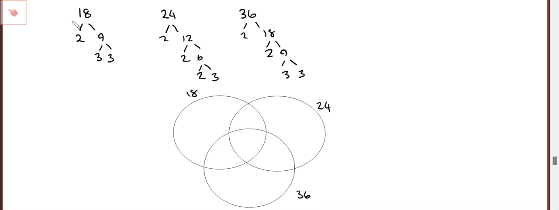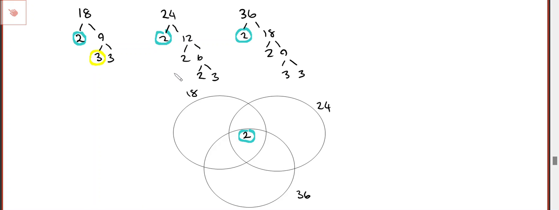Now what happens is we then take any numbers that are in all three. So I've got a 2, and a 2. That's it for the 2s, because there's no more 2 left. So I'm going to write a 2 in the middle in all 3 circles. All right. I'm then going to go, is there a 3?